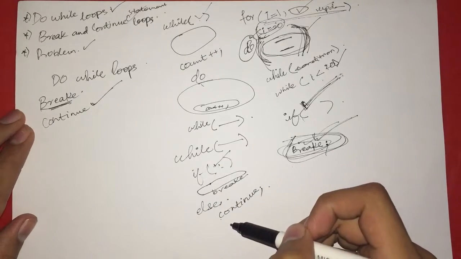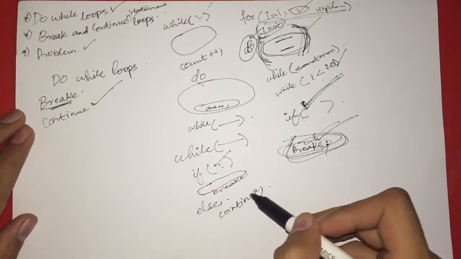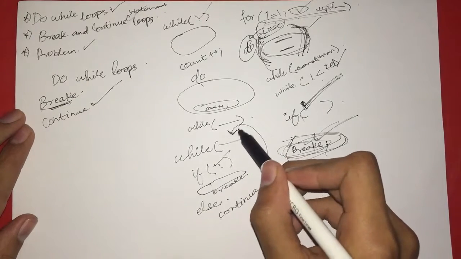What it does is immediately stop the iteration, and it goes again to the condition of the loop to see if it's true.